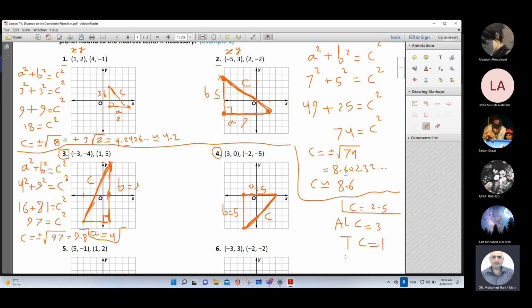And Afra said 1. Latifa, what is your answer? One. And Latifa said the same answer.